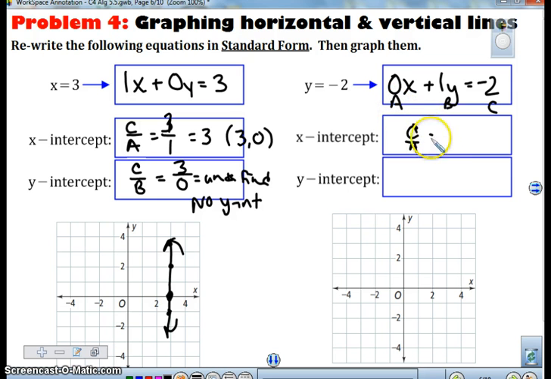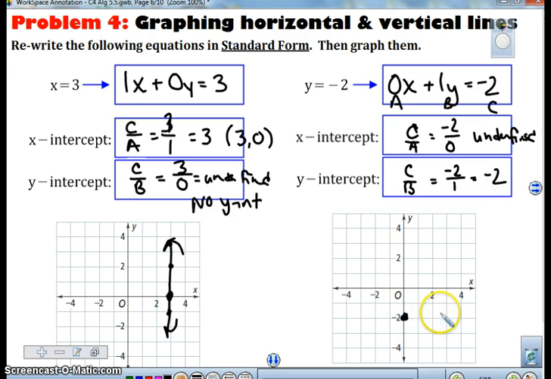Our c was -2 divided by a, which in this case is 0, and we have an undefined x-intercept, which means there is no x-intercept. The y-intercept is when we take c and divide by b. c divided by b is going to be -2 over 1, which means our y-intercept is down at -2.